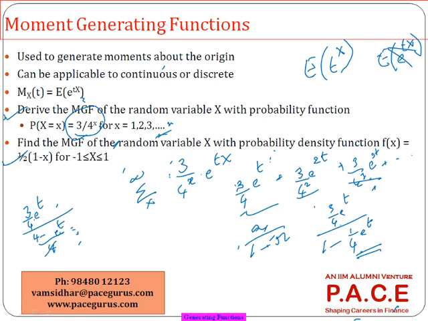So probably 4 I can take out, and finally I can write it as 3 e power t by 4 minus e power t. This is the MGF for that particular equation.